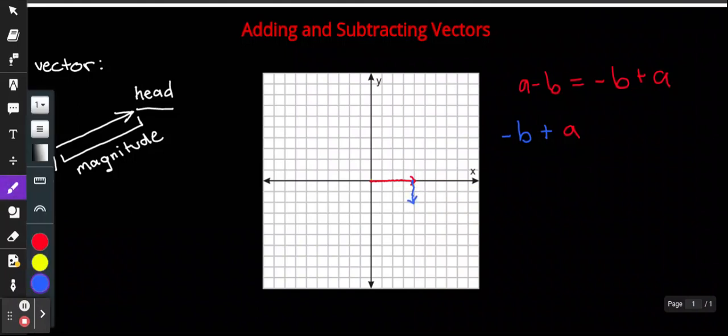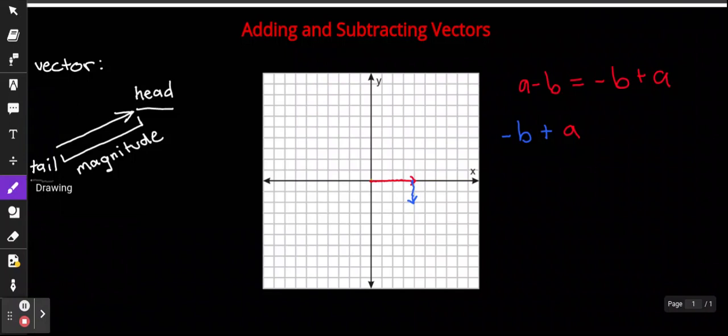Using this, I'm going to draw a resultant vector, like so. And that yellow is going to represent negative b plus a, or that's what a minus b is going to look like.